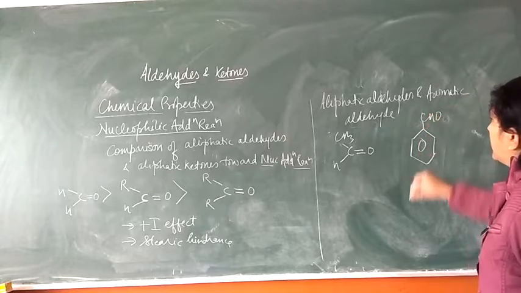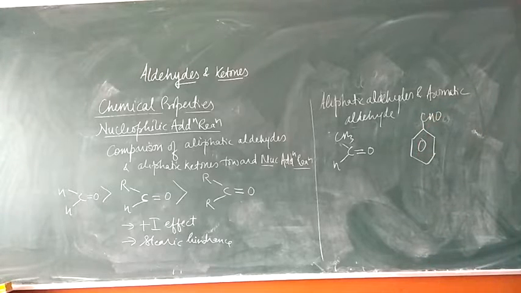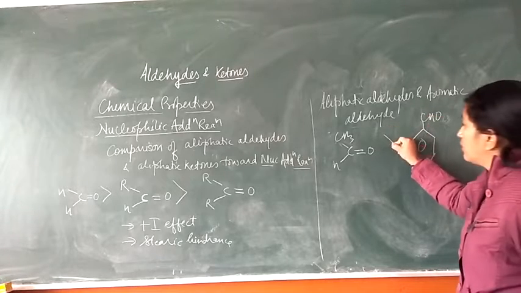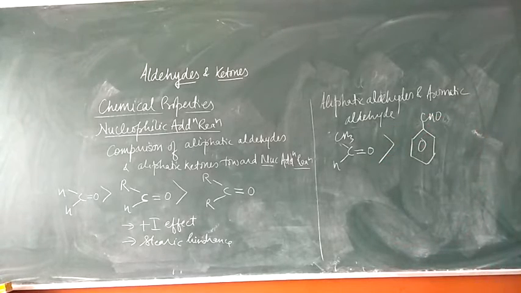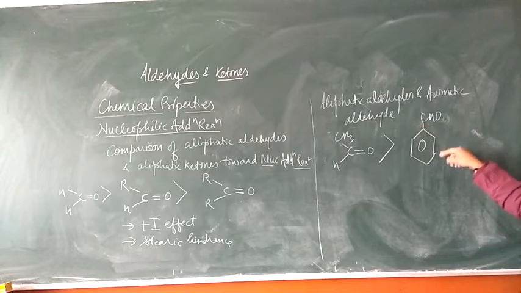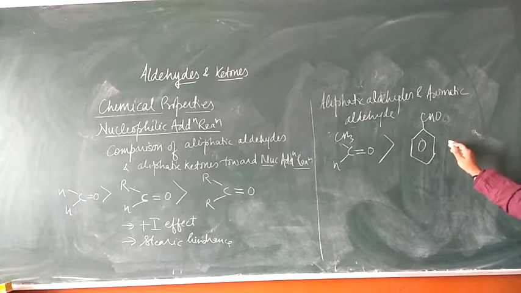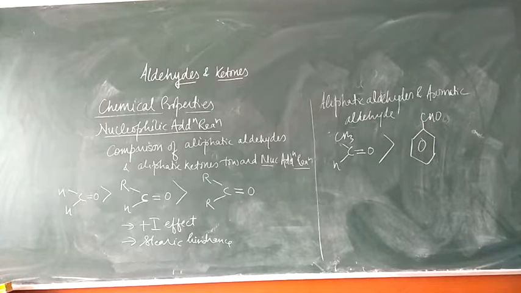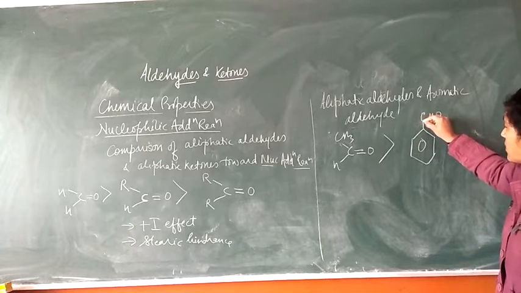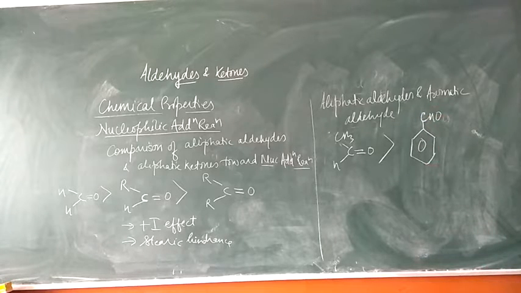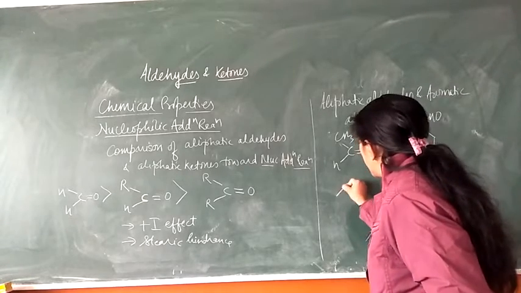Among the two, students, which one is going to be more reactive toward the nucleophilic addition is the aliphatic aldehyde. Why? Because in the aromatic aldehydes, due to resonance, the positive charge on the carbon will be reduced and hence the nucleophilic attack will not easily take place.